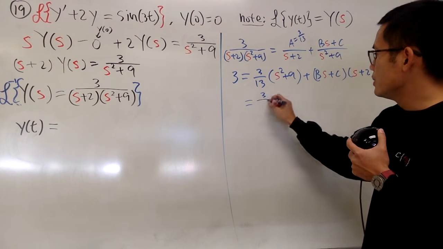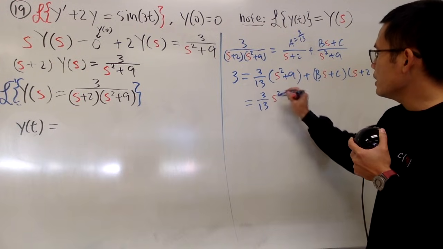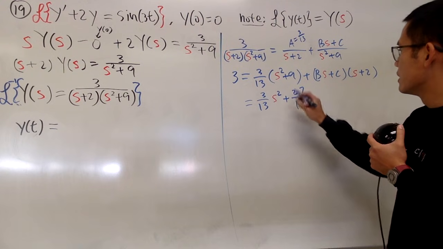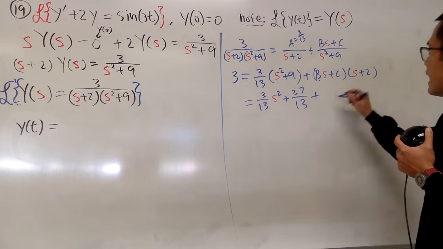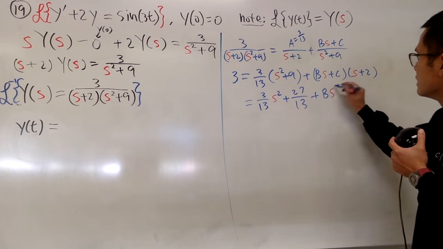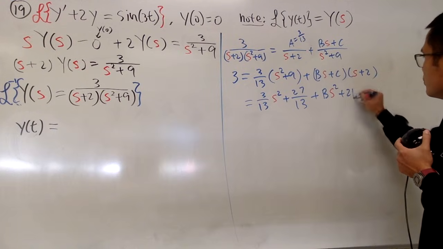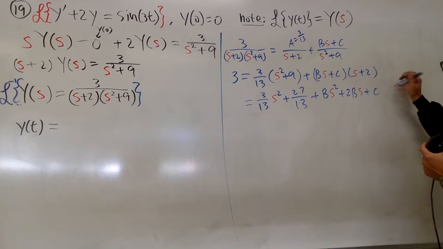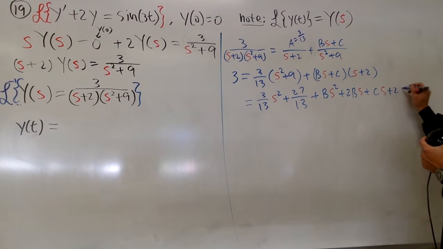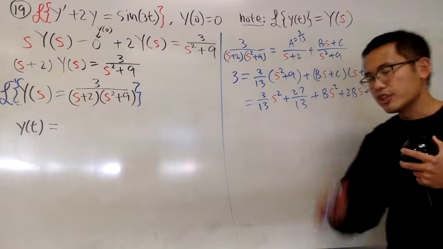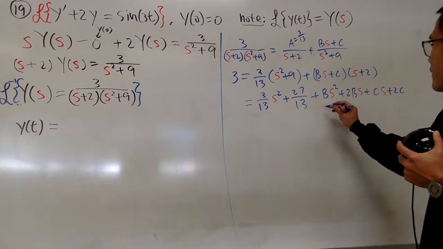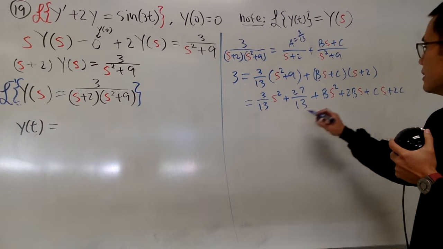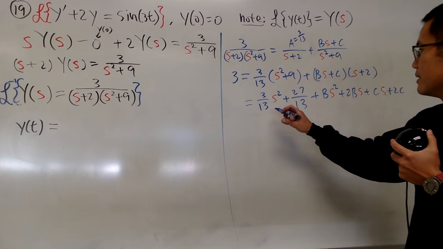This is 3 over 13 s squared, and that's plus 27 over 13. Yes, plus this and that is Bs squared plus 2Bs plus Cs plus 2C. Good. Now, check this out. Here we have, let's see. Here we have, oh man.